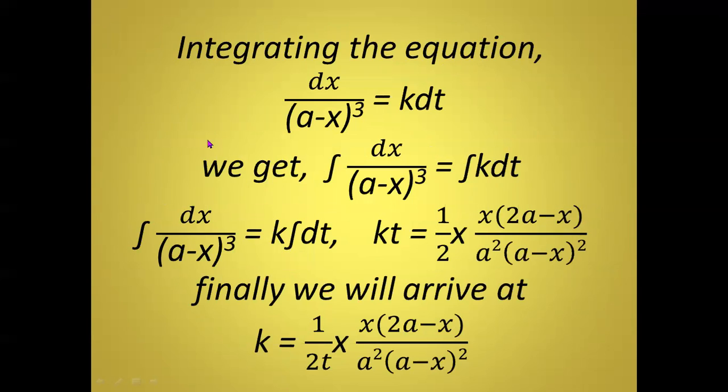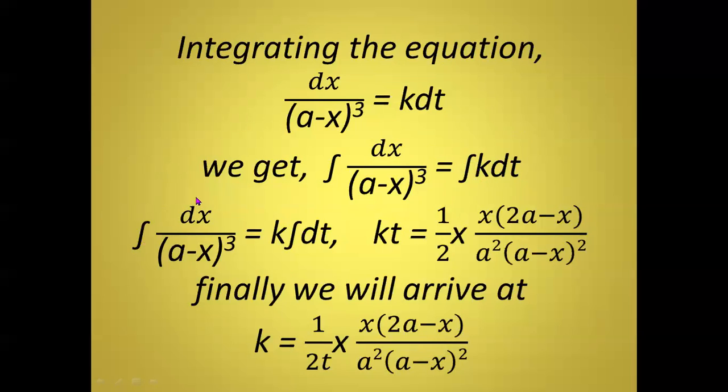Integrating the equation, this is the symbol for integration, and we are integrating the equation on both sides. So we have to write this symbol on both sides. Now this is the concentration term and this is for time. Now this has a constant, so we can bring this constant before the sign so that we can integrate only dt.